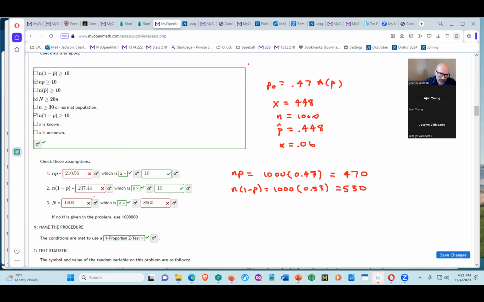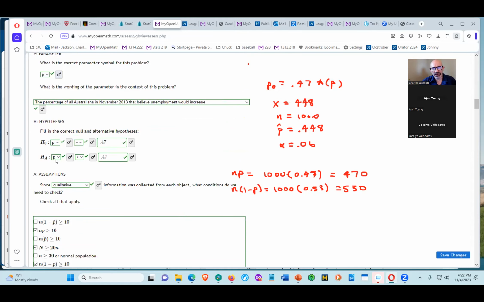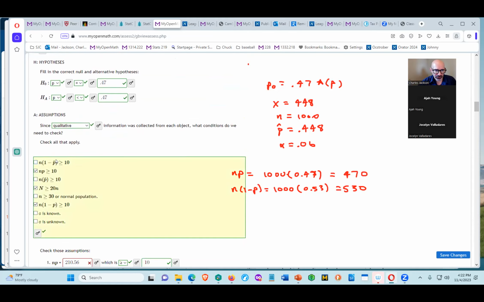Big N, let's see, they didn't give a big N, did they? There's no big N. So, I mean, it's just Australians. So, you know, every Aussie that could be polled there.